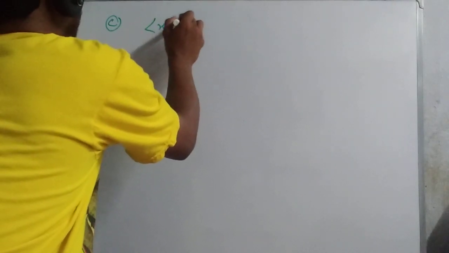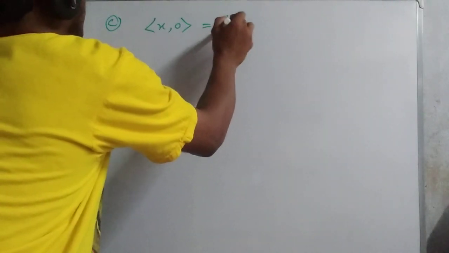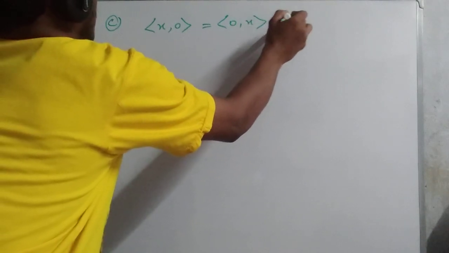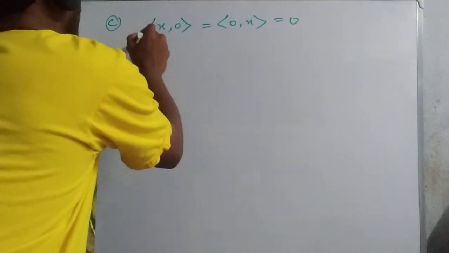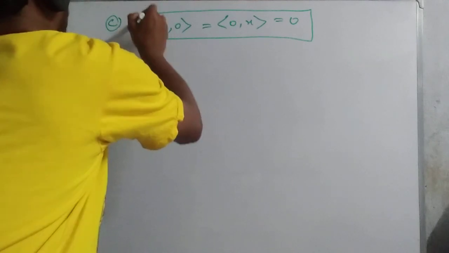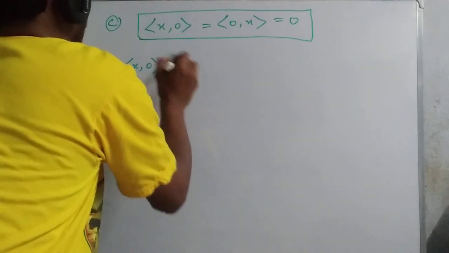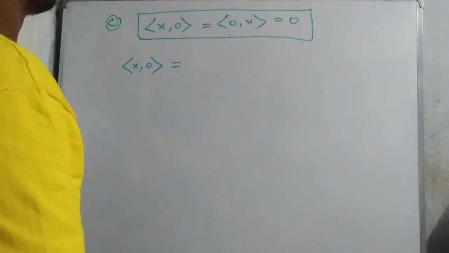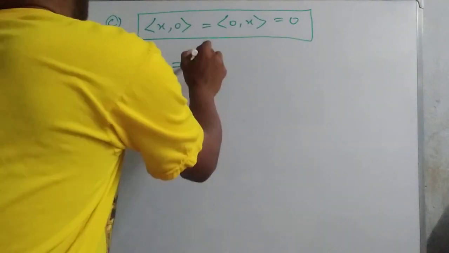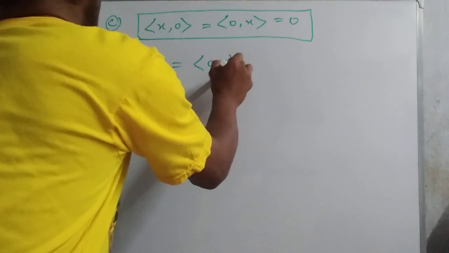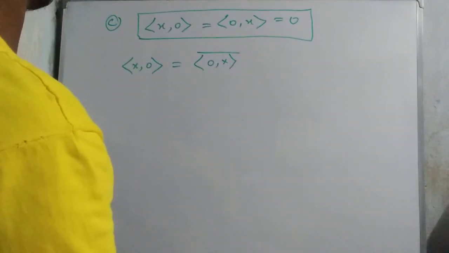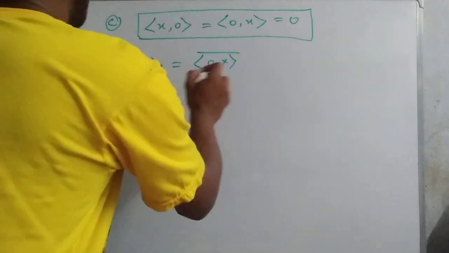Here <x, 0> equals 0, and <0, x> equals 0. We have to prove this one. <x, 0> equals what? Equal to <0x, 0>. Understood? And equal to what?